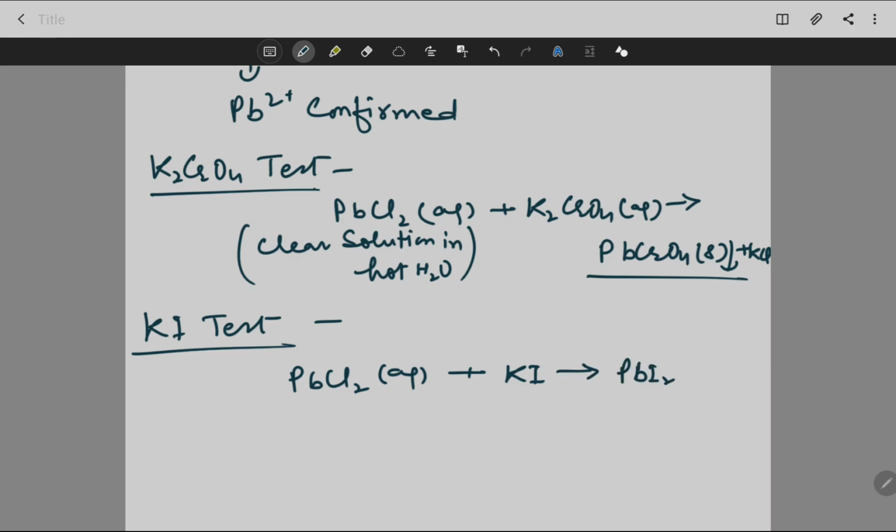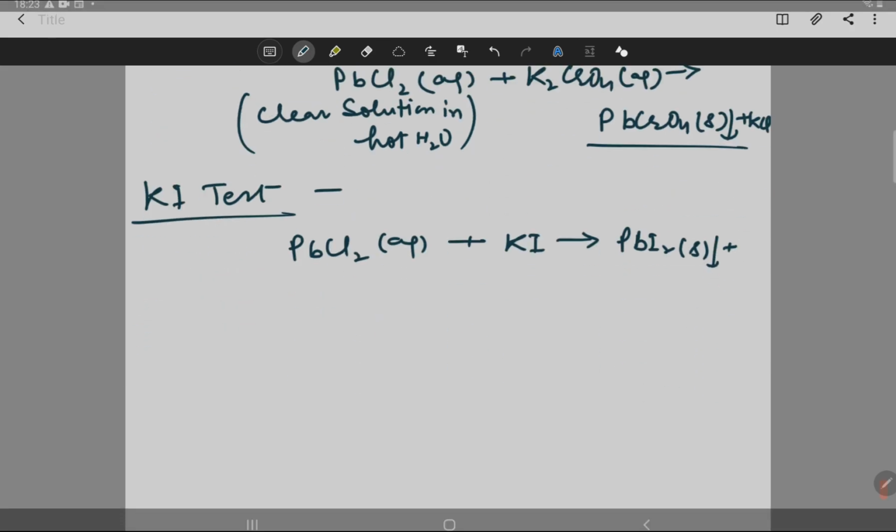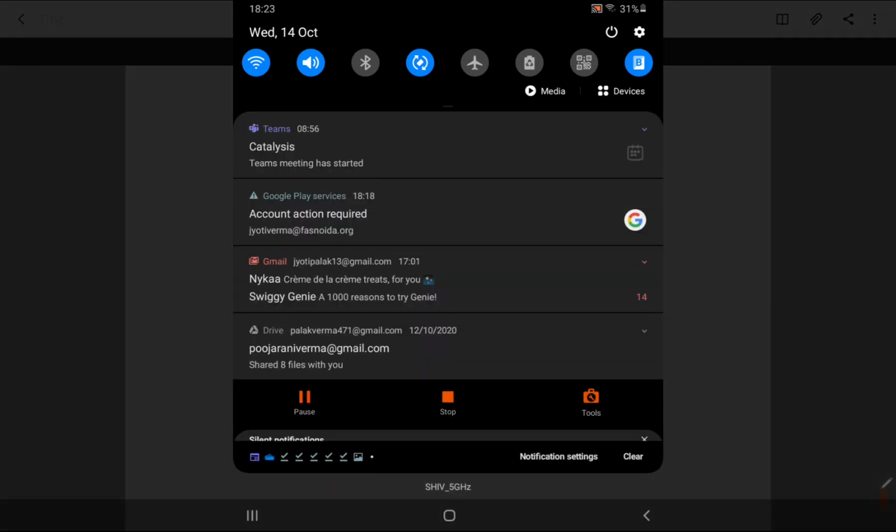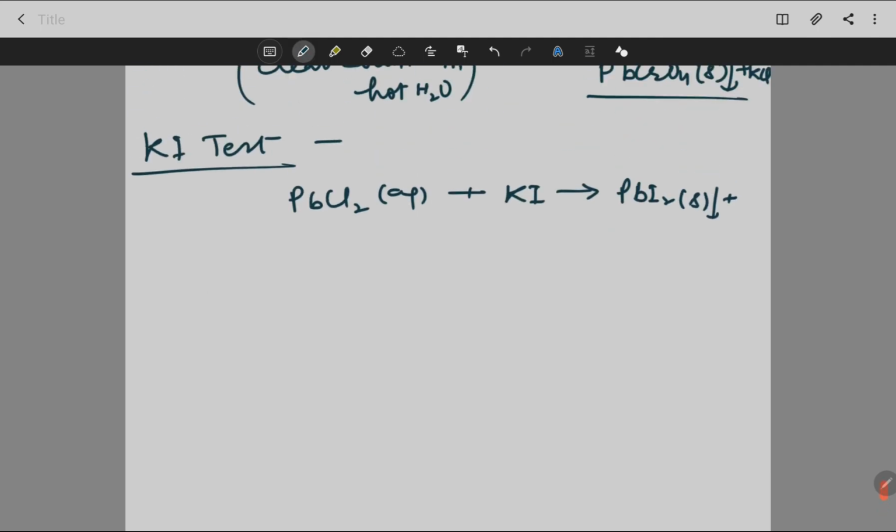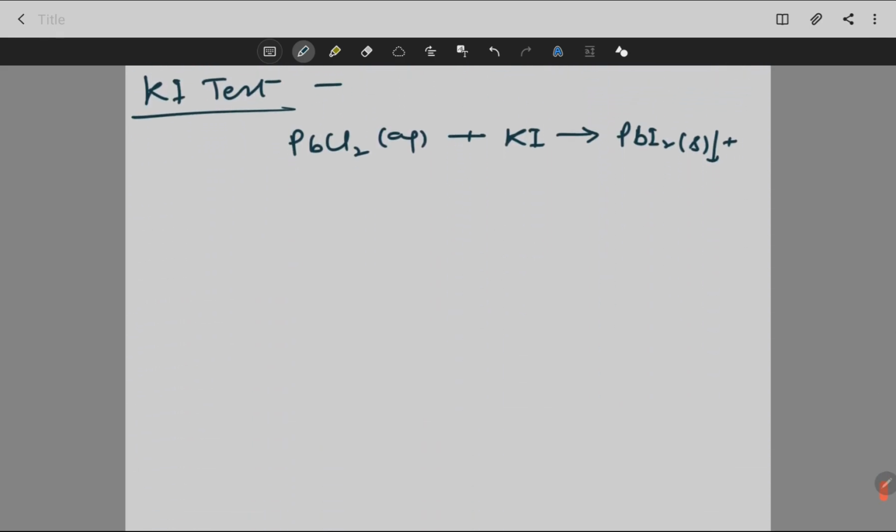We are getting lead iodide, PbI2 solid, that is the yellow precipitate, and KCl. So that is the chemistry behind these two confirmatory tests.